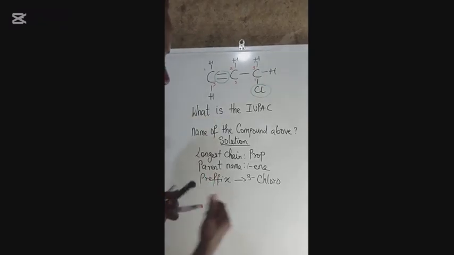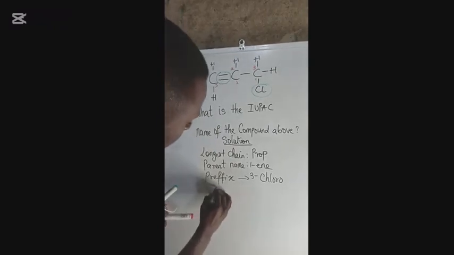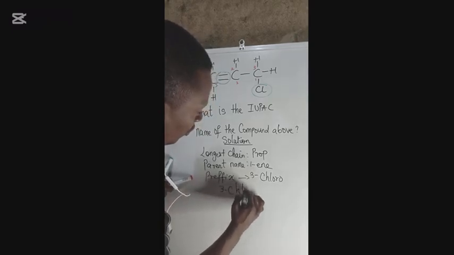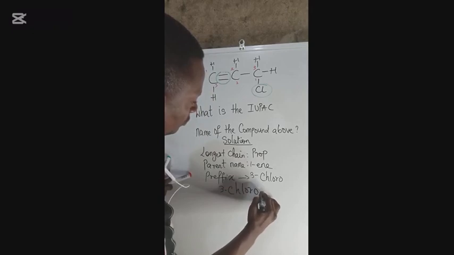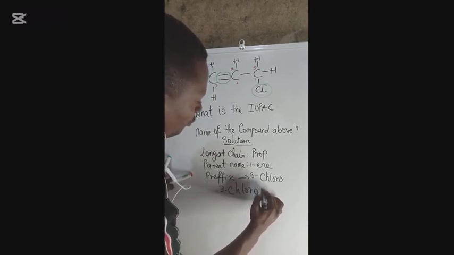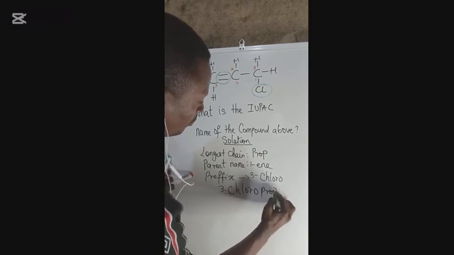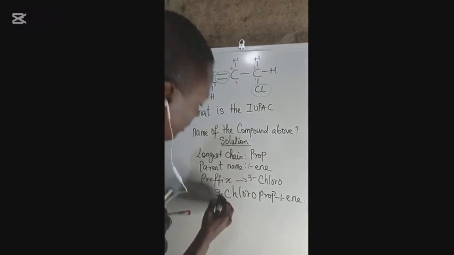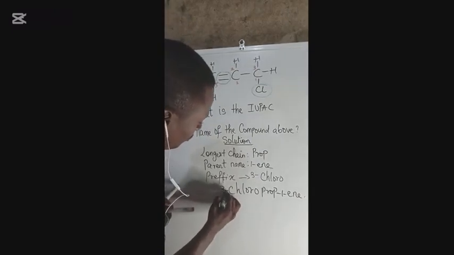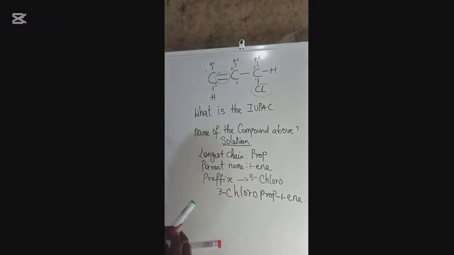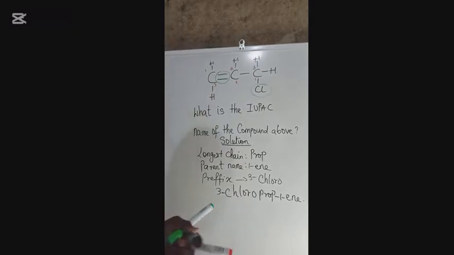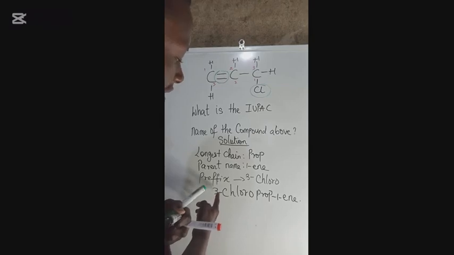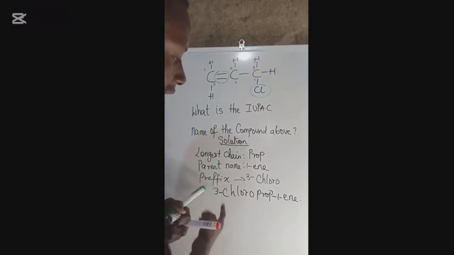We're going to start with the prefix, which is 3-chloro, then prop, then 1-ene. 3-chloro prop 1-ene. In a subsequent section, we're going to see the reason why there is a dash between a figure and an alphabet.